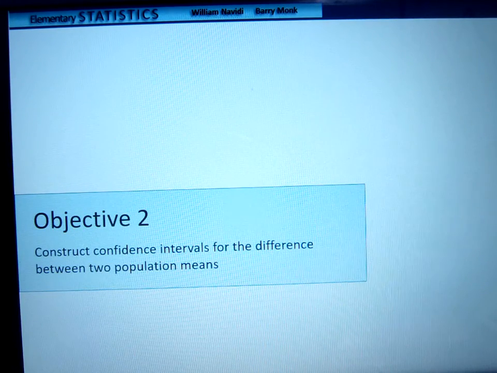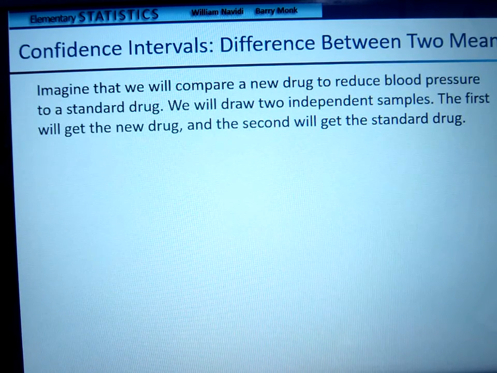Let's look at constructing these confidence intervals for the difference between the two population means. So imagine that we're going to compare a new drug to reduce blood pressure to a standard drug. We will draw two independent samples. The first will get the new drug and the second will get the standard drug.